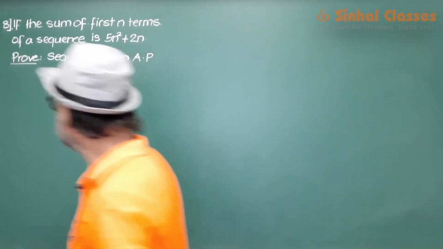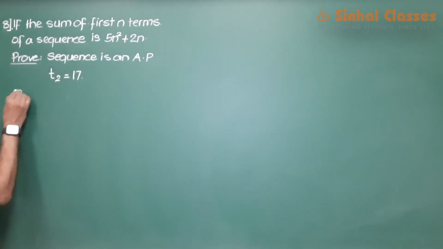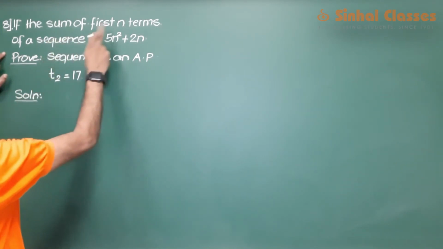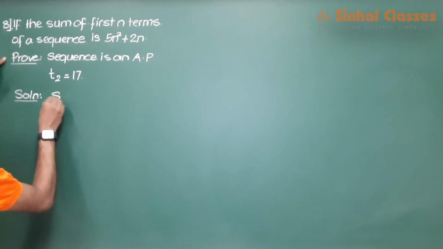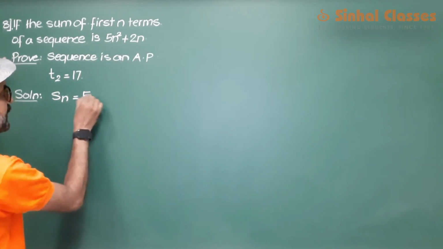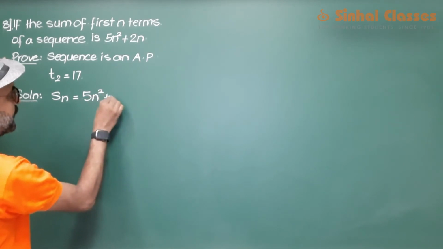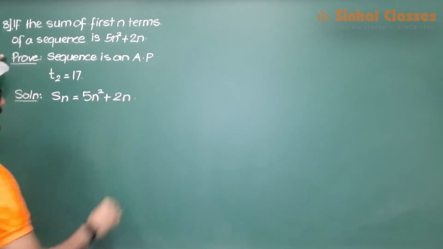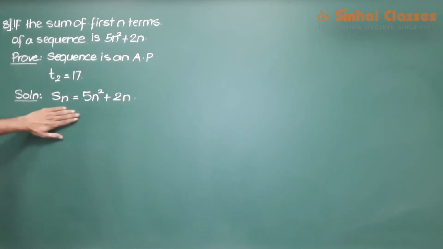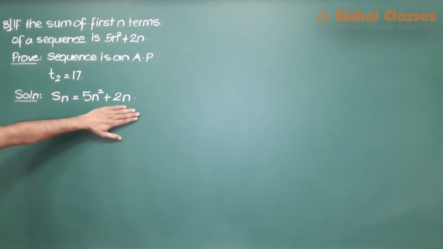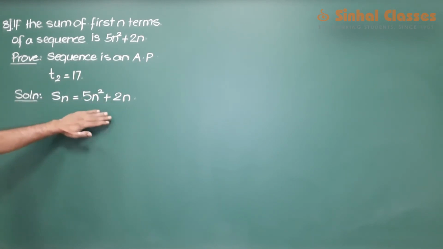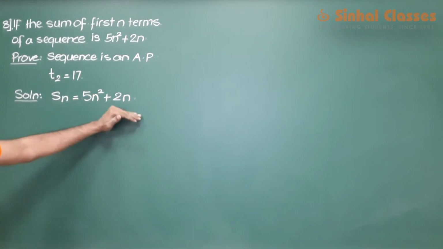So what we do here is we begin this way. Sum of first n terms, that means Sn, is given to us as 5n square plus 2n. This is the formula for the Sn term of this particular sequence. We want to show that it is an AP.